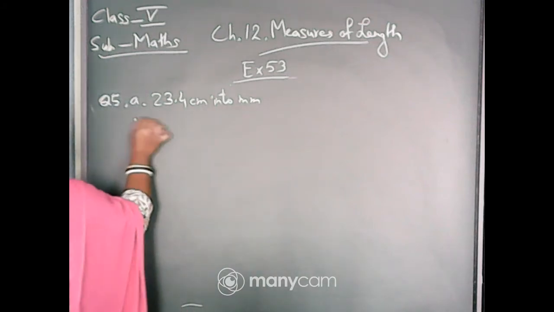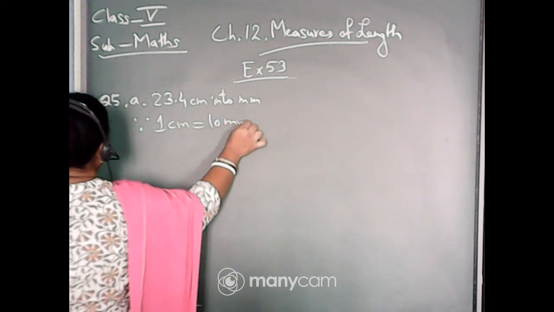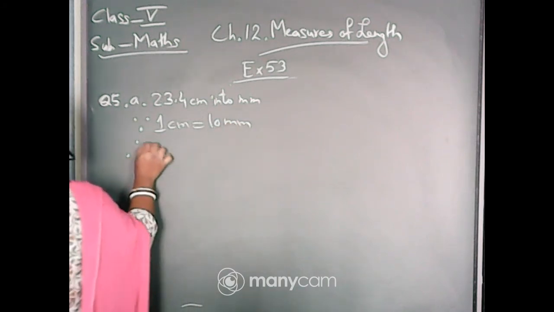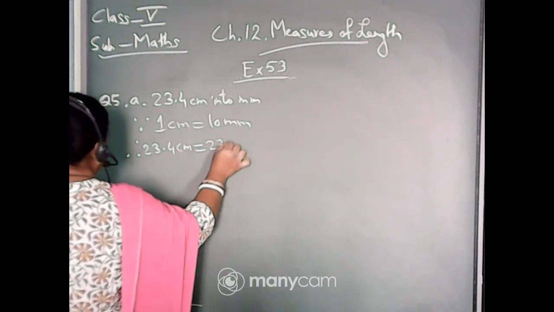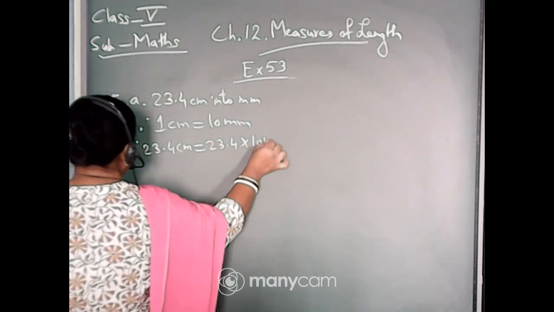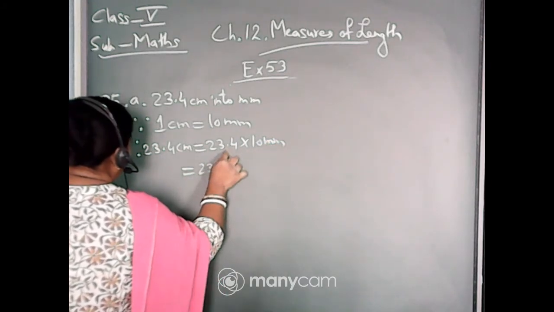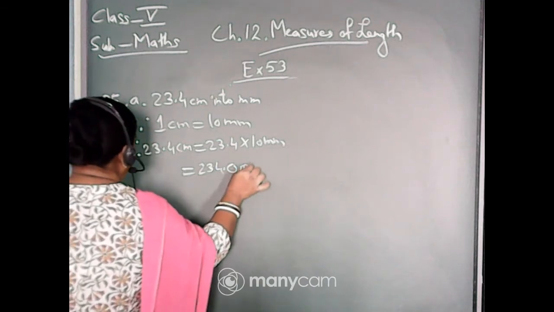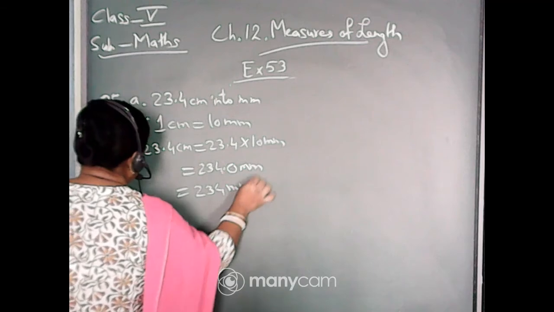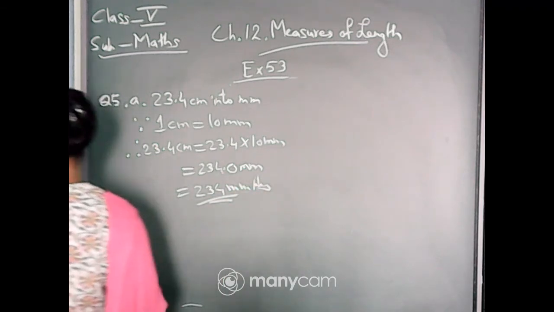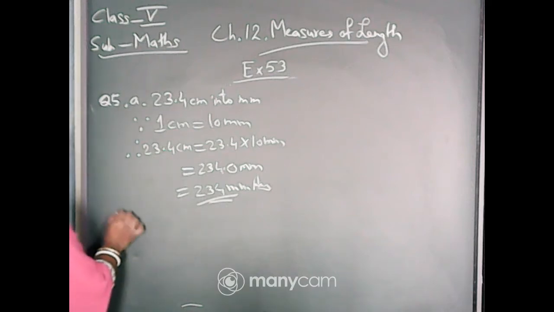So we will write, since 1 centimeter is equal to 10 millimeter, therefore 23.4 centimeter is equal to 23.4 into 10 millimeter, which is equal to 2340. After the one digit there will be the point. That means our answer is 234 millimeter.